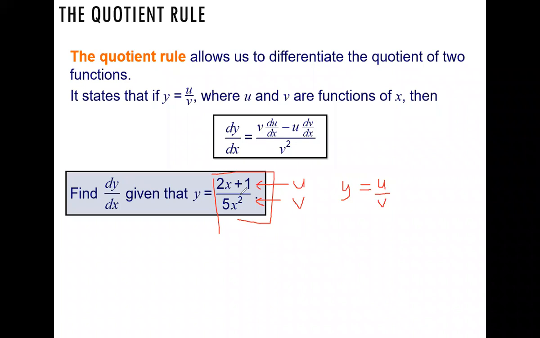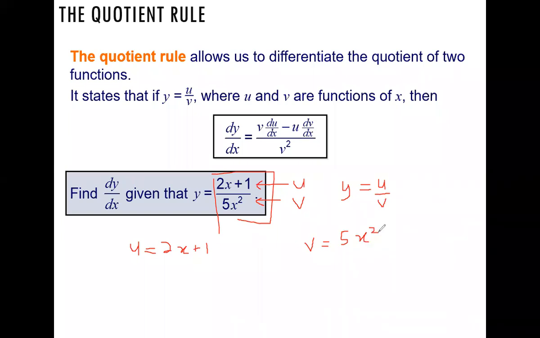So once again, you make your numerator, which is 2x plus 1, u, and let v be the denominator, which is 5x squared.